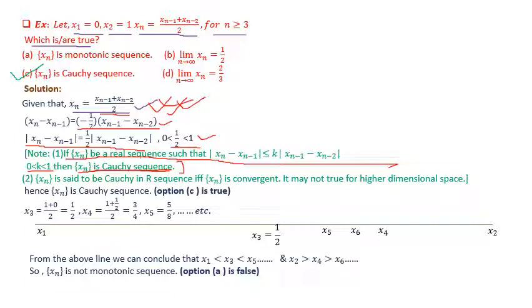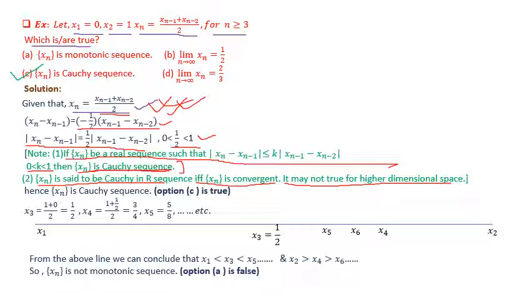A Cauchy sequence in R means it is a convergent sequence. Here is another note: xn is Cauchy in R if and only if xn is convergent, but it may not be true for higher dimensional spaces. That is, this result may not be true for R2, R3 and other spaces.